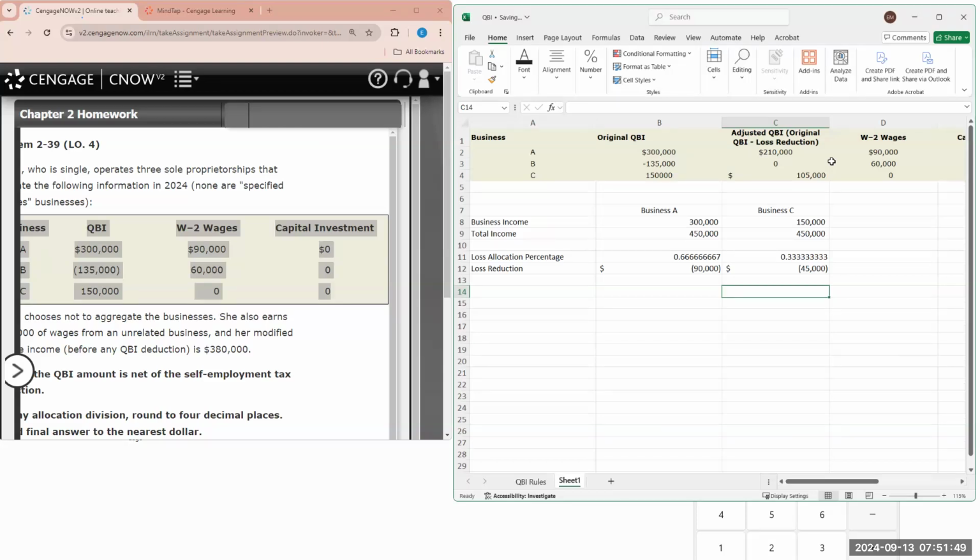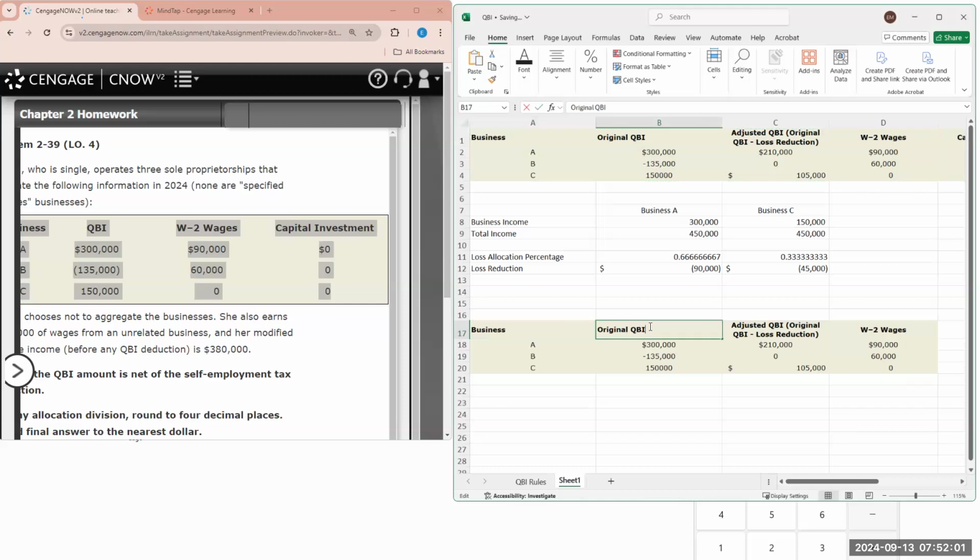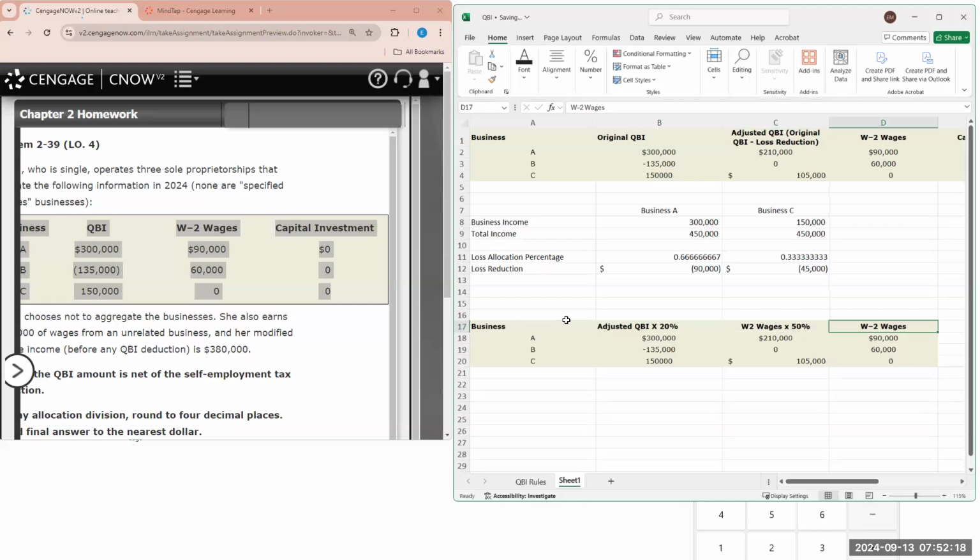So based on this information, we get the 105, and then now we can actually factor in what the QBI is going to be. So we have business ABC, we have QBI, adjusted QBI, times the 20%. And then from there, we factor in the W-2 wages times 50%. And then from there, we take the lesser of the two.